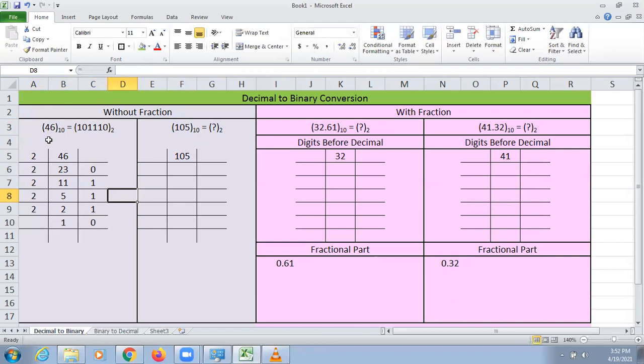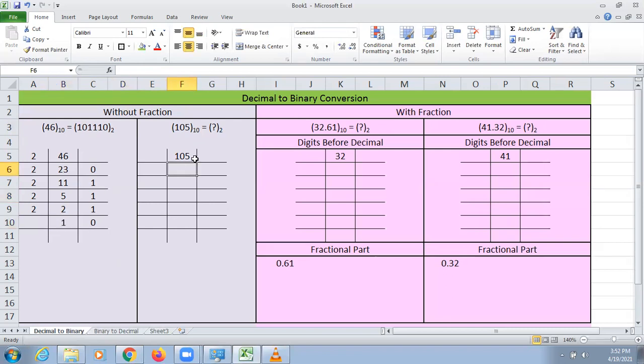So if you convert 46 into the binary number system, this will be the answer. You have to start from here and keep putting all the remainders in reverse order: 1, 0, 1, 1, 1, 0. In this way, and we always start from here.